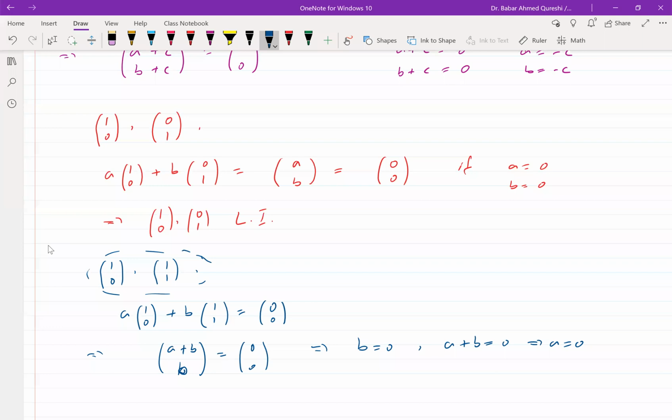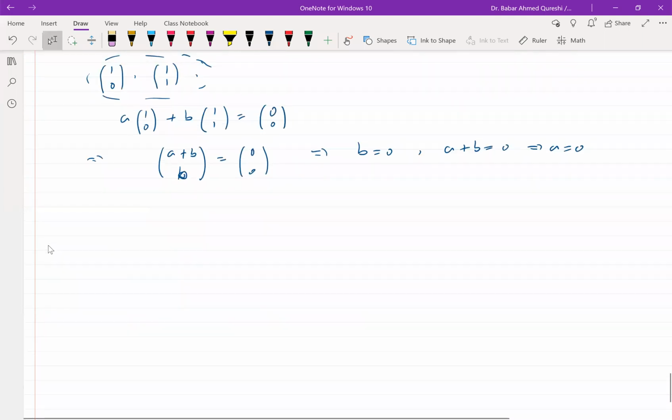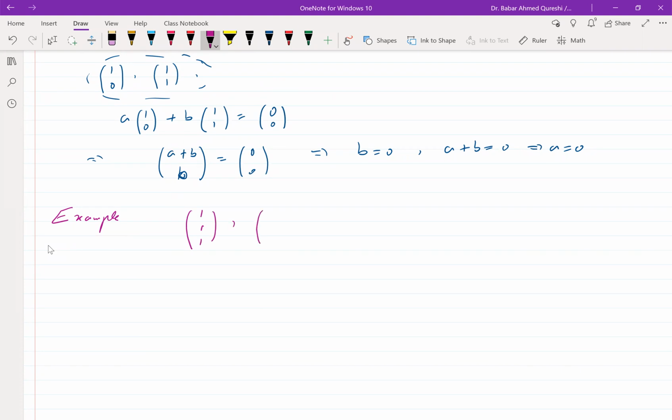You can take, let's take an example from R3. 1, 1, 1. Let me make it a little easier.